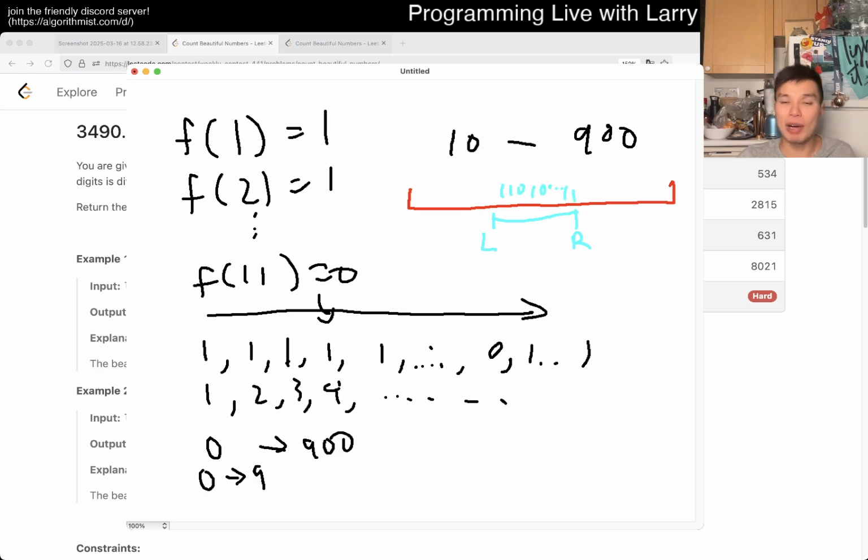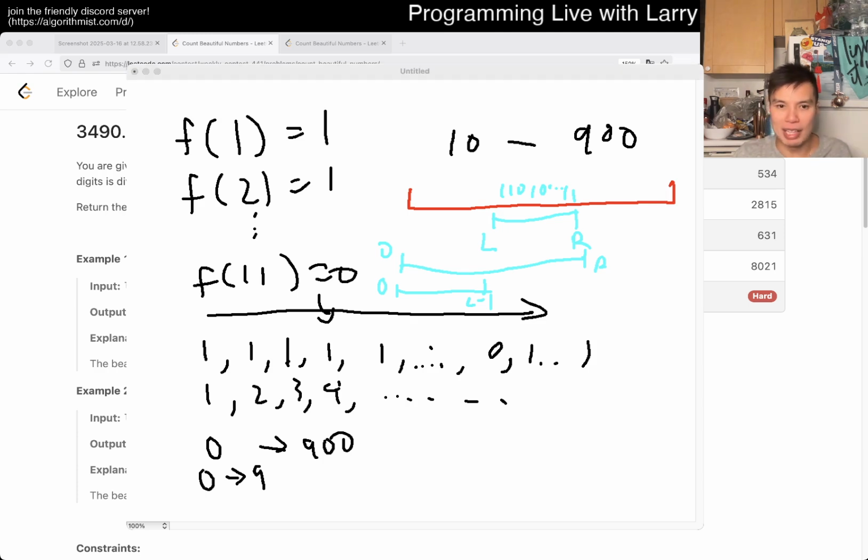Well, that's just equal to the binary things from 0 to r, subtracted by the ones up to left. I mean, these are discrete numbers, so you have to be a little bit precise. So L minus 1, the numbers that are to the left of this. That's how you get from L to R inclusively.